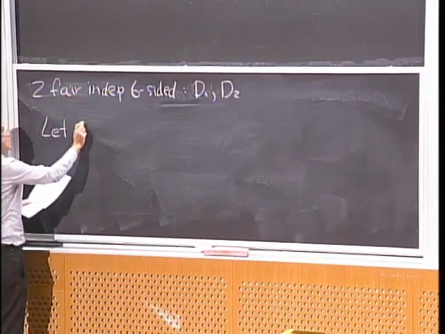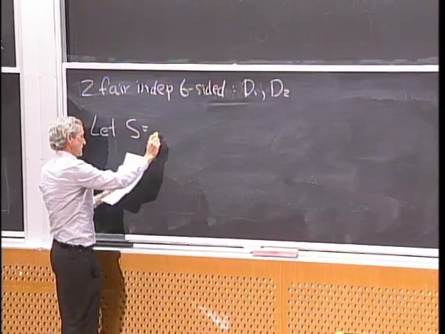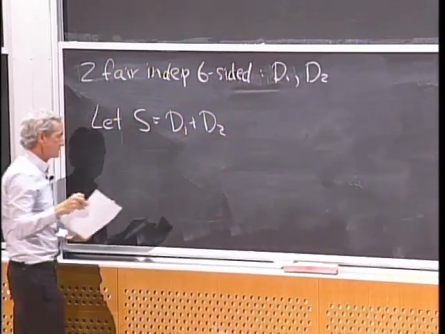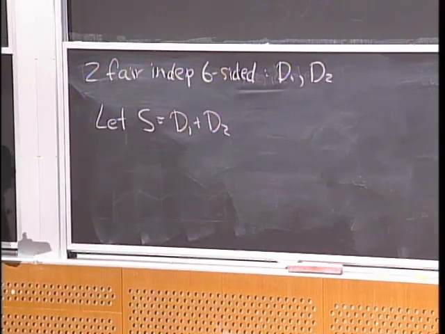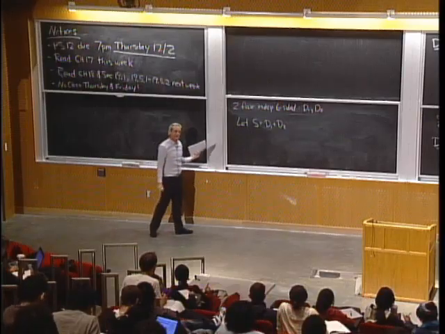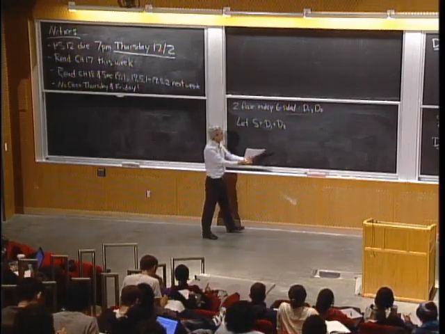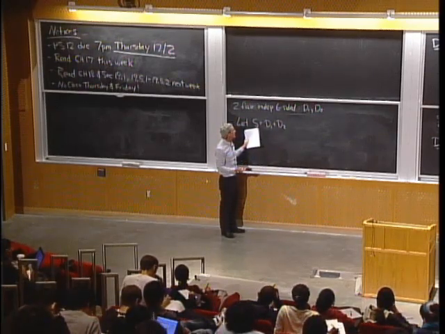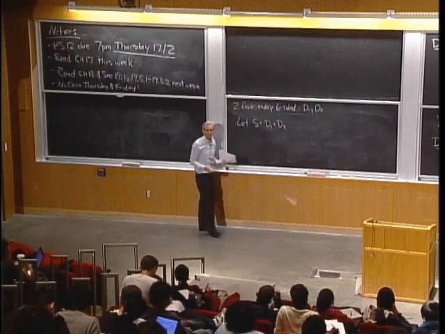Now we define another value, S, to be D1 plus D2, the sum of the dice. Is S a random variable? Yeah. For any outcome, an outcome being a pair of dice values, it maps that outcome to a real number, a number between 2 and 12.